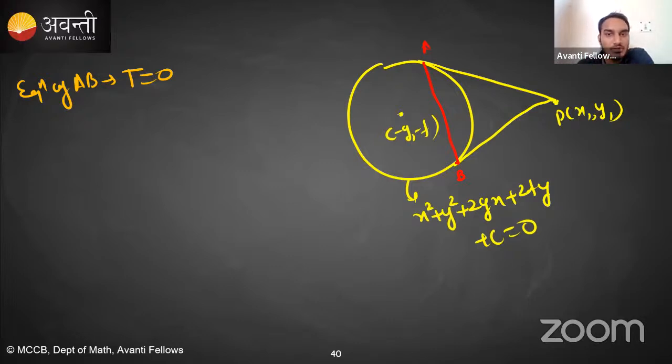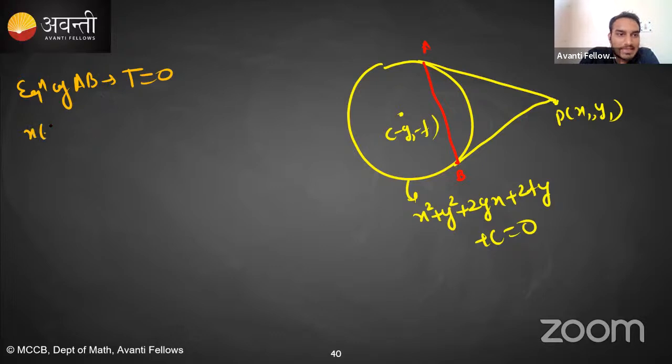What is T = 0? Assume the point P is lying on the circle. Find the equation of tangent using transformation, but the point is not lying on the circle, so it will not give you the equation of tangent. In that case, what will it give you? The equation of chord of contact. Simple as that. So equation of AB is T = 0.